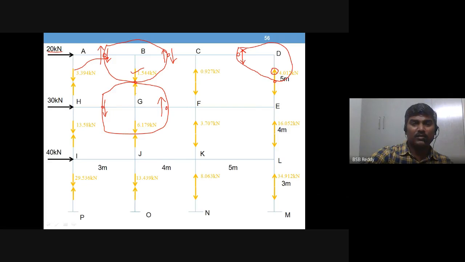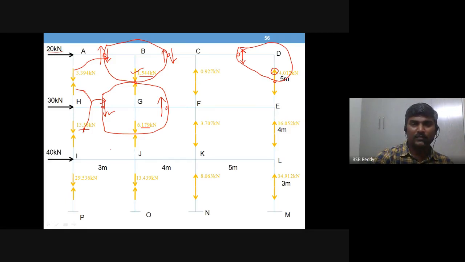You need the value. Already there is downward 6.79 and downward 13.58 is there, and you solve this HG value. You can't just say 3.39 is here, because this and this both are contributing to this one.